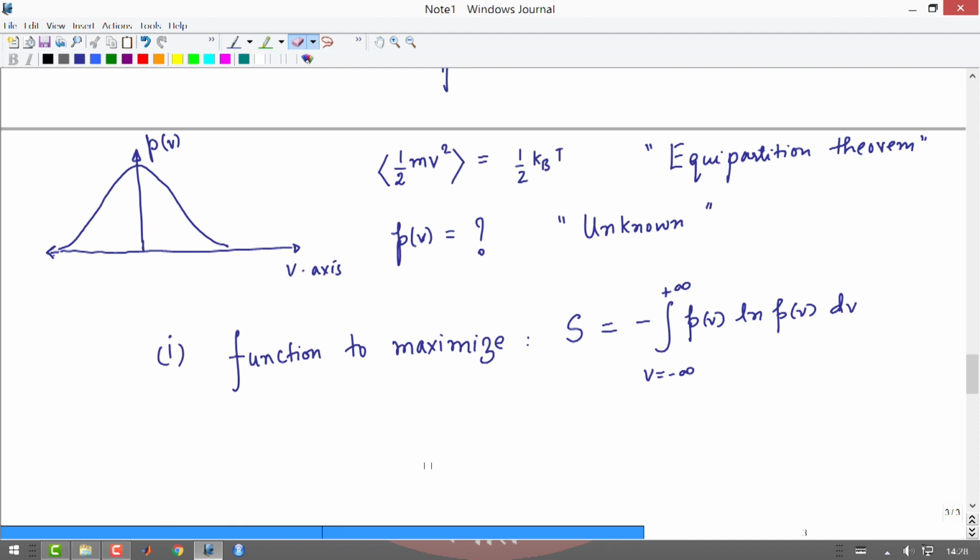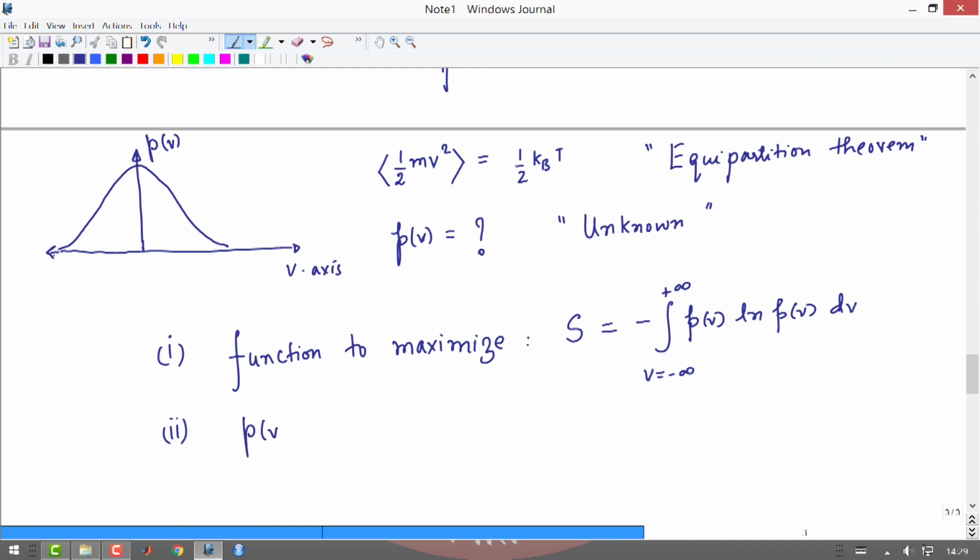Okay. So, now this is my entropy, the function that I am going to maximize. The second ingredient that I must take into consideration is the fact that the PDFs that I am chasing are normalized. Okay.